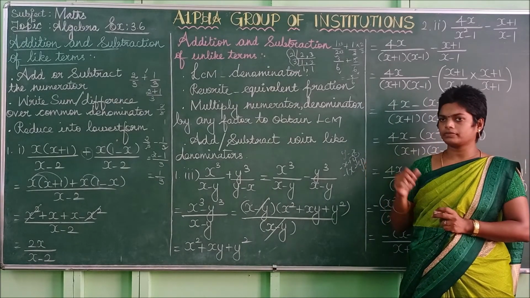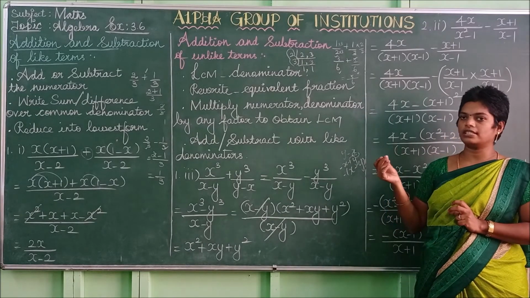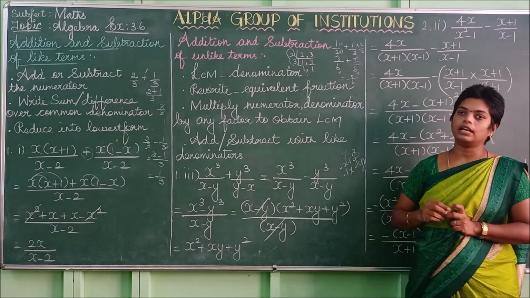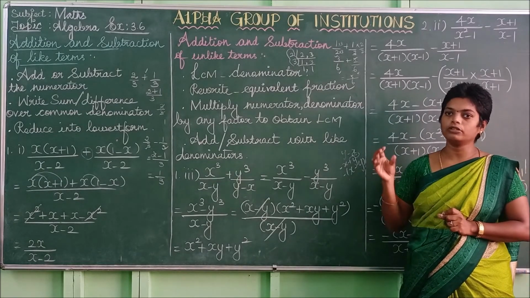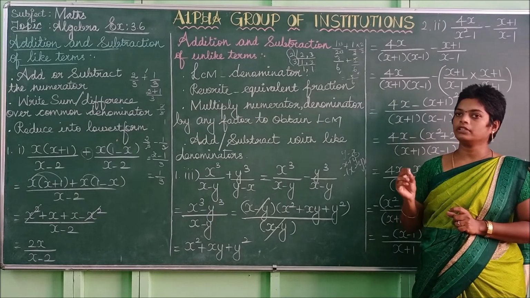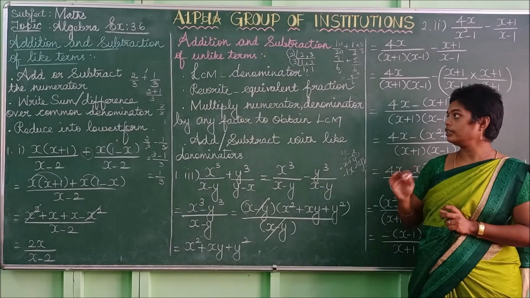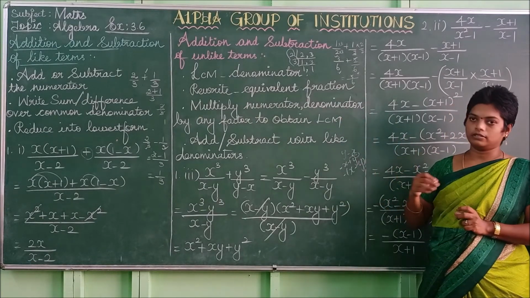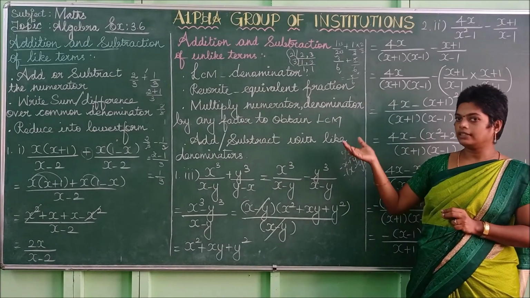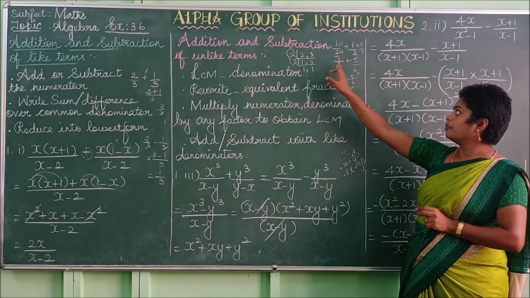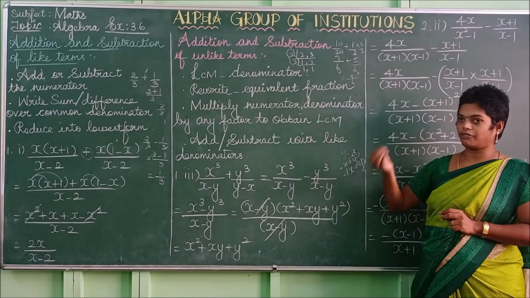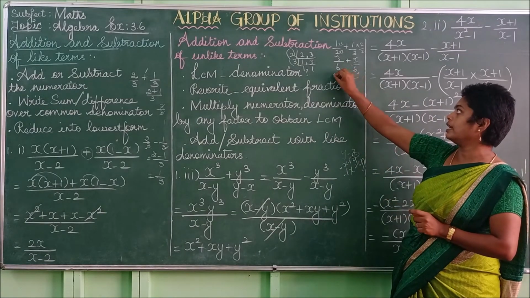For unlike terms, you have to change some steps. What are they? You look at the denominators, which are different, so you take the LCM. Then rewrite each as an equivalent fraction, by multiplying the numerator as well as the denominator by a factor to obtain that LCM.